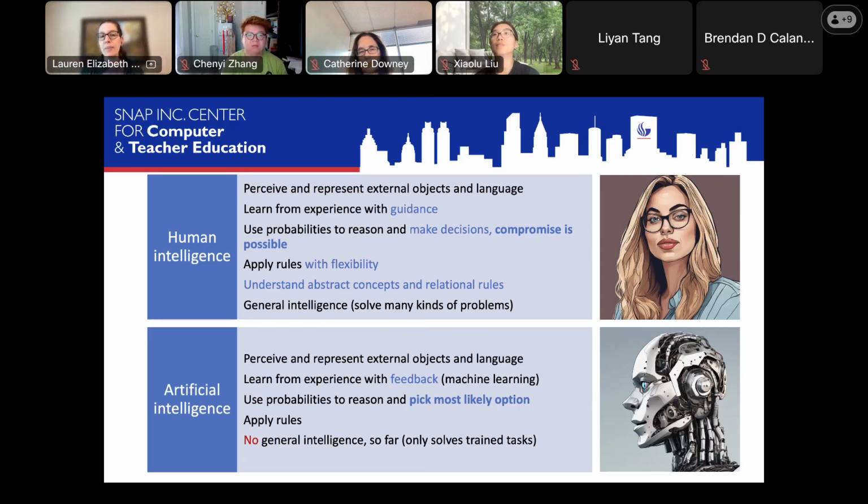And then perhaps the biggest difference, at least for now, between human and artificial intelligence is that humans have general intelligence and we can solve a lot of different types of problems, and we can learn about solving problem A, and that can apply to learning how to solve problem B. Whereas artificial intelligence has no general intelligence so far, and so it only knows how to solve a task that it's been trained to do. And if we ask it to solve some different task, even though I as a human could do it because I know task A, it's not going to be able to solve task B because it can't transfer in the way that we can.